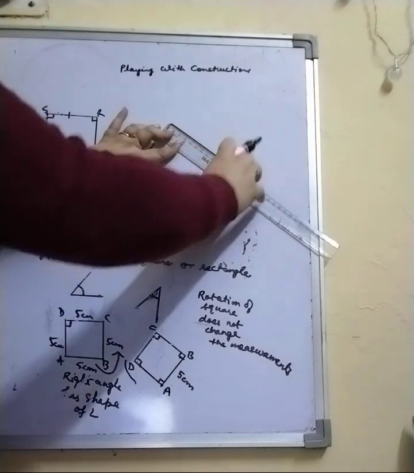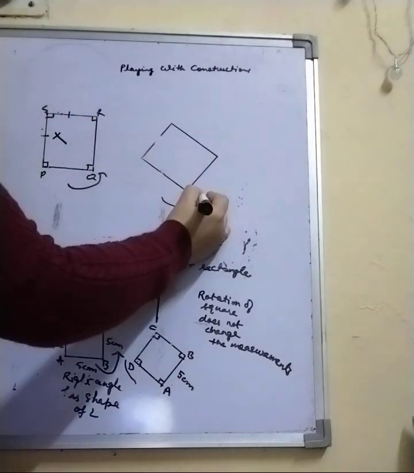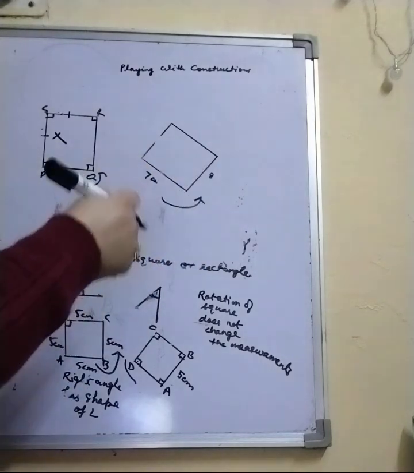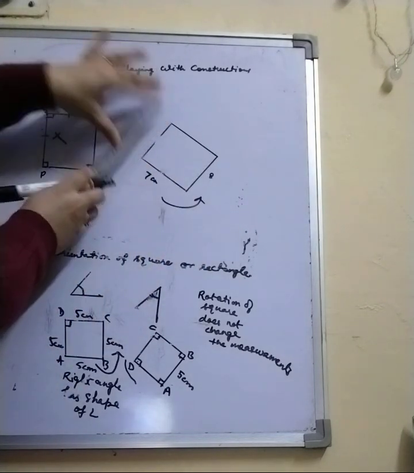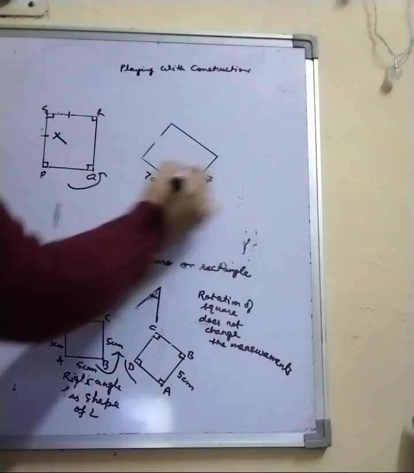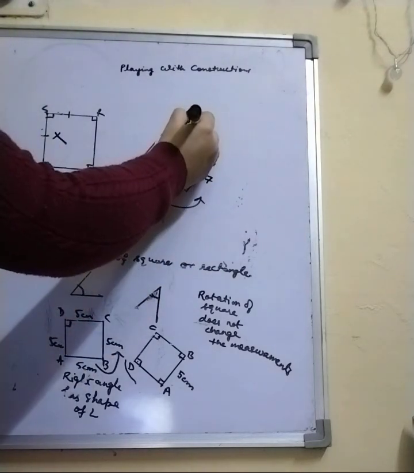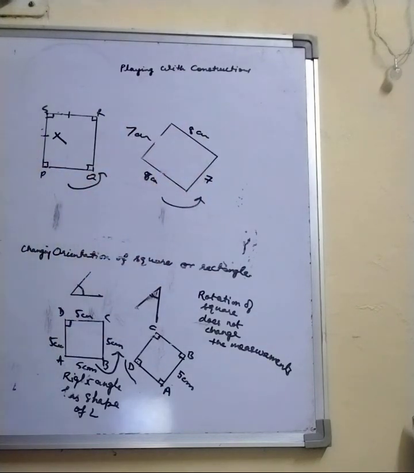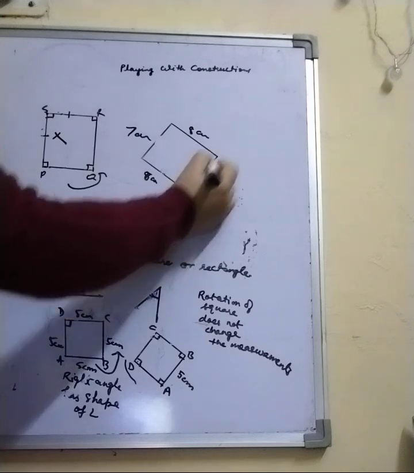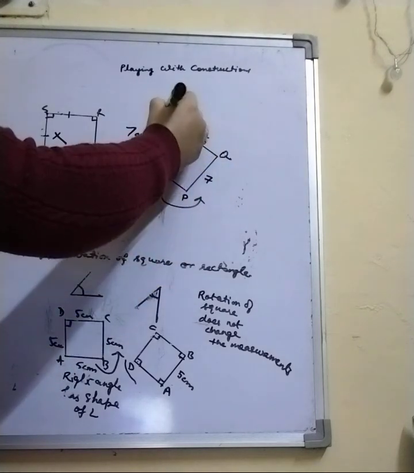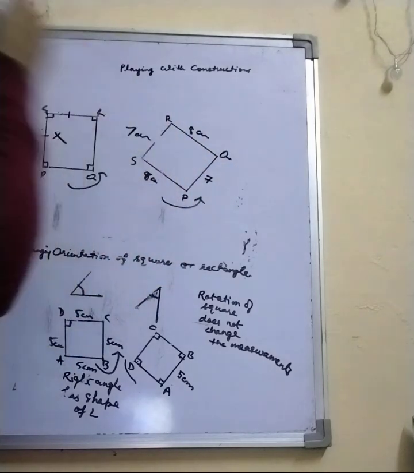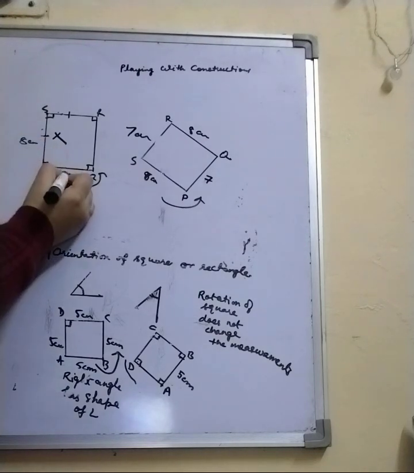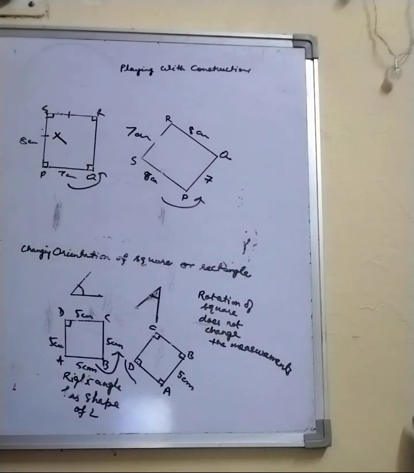L shape here. So the rotation, sorry, this is 7, this is 8, this is 8 and this is 7, and your orientation becomes PQRS like this. Okay, here it is 8 centimeter and this is 7 centimeter.